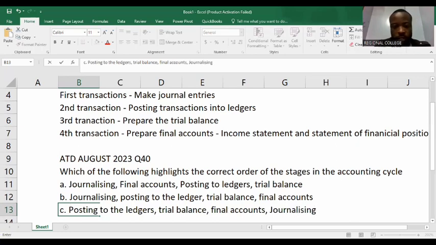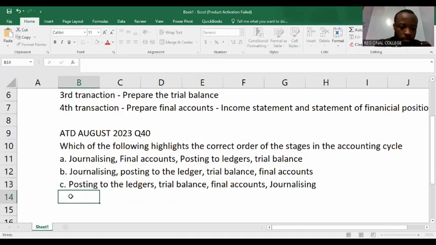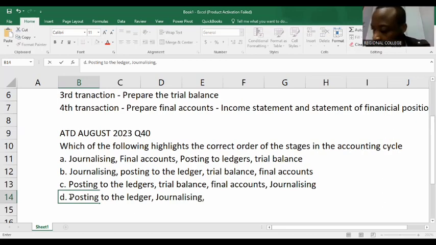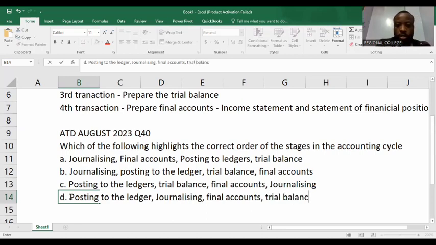Then the last one, choice D, says posting to the ledger, journalizing, final accounts, and the last one, trial balance.